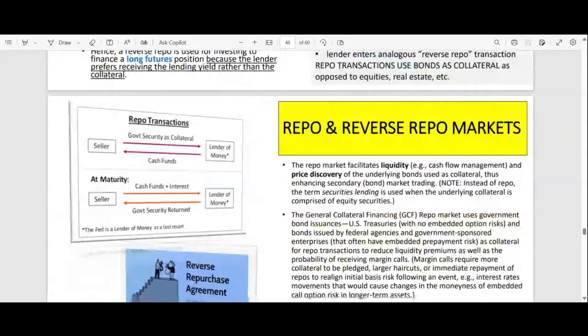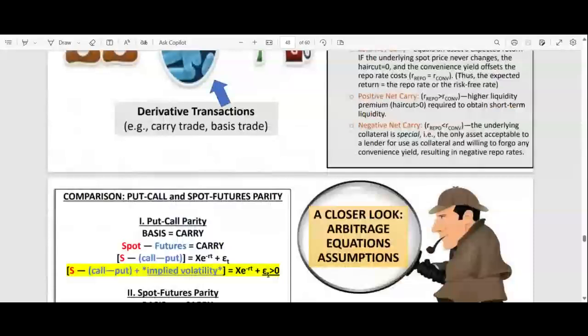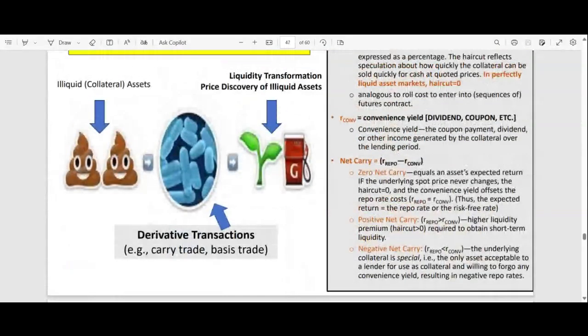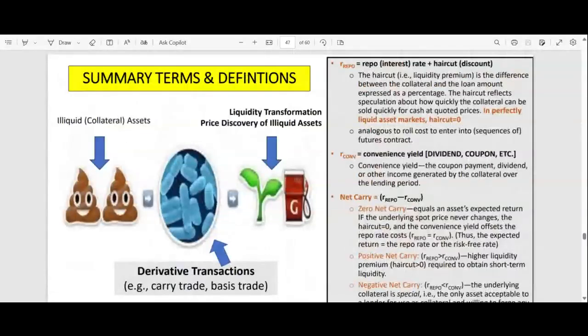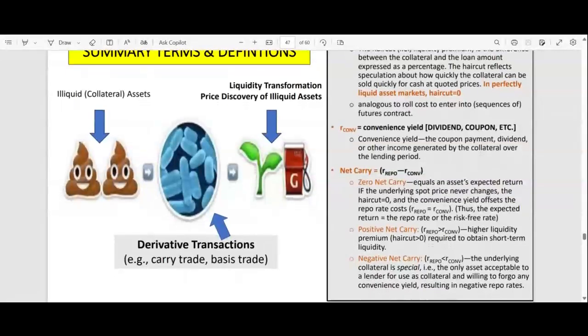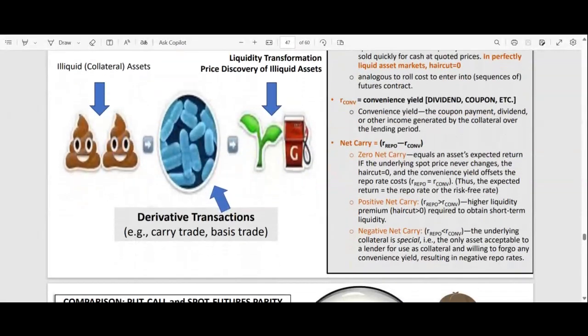And you're seeing how they can use the repo market also to figure out the value of their illiquid assets rather than have that illiquid asset just sit on the balance sheet and do nothing for you. I can get short-term loans using that illiquid asset, or a sequence of short-term loans, and then I can see for each sequence how the asset values are changing over time.